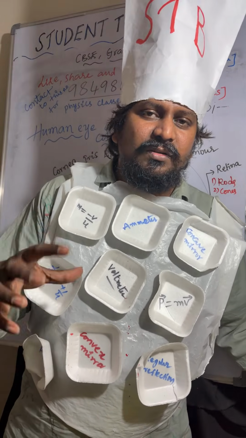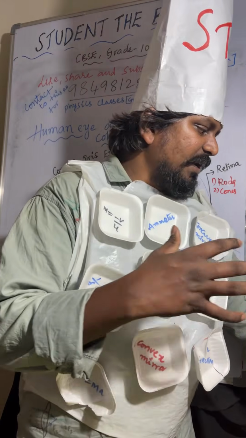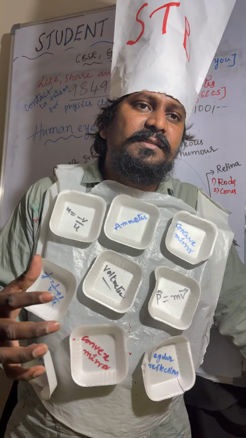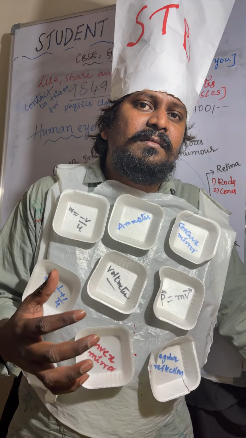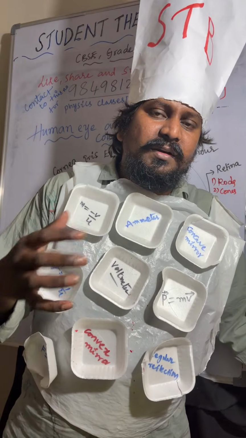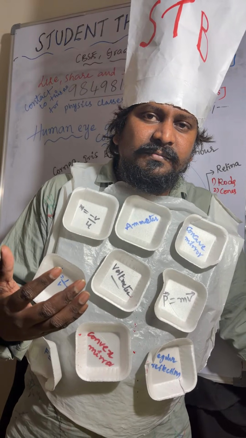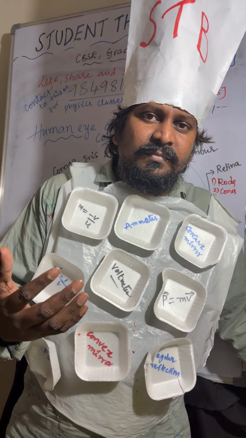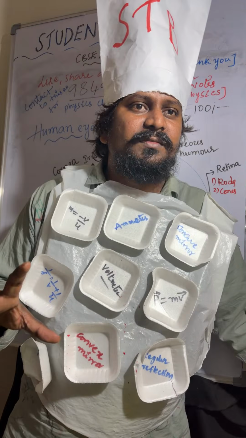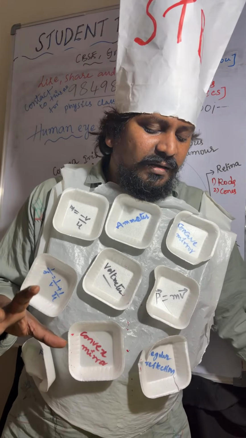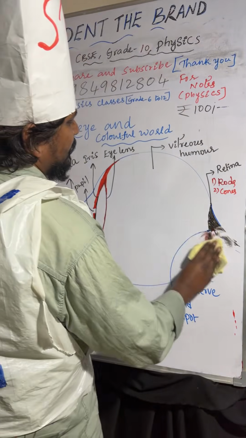So this is about human eye parts and function, near point, far point, the least distance of distinct vision, all those points we discussed. Now we'll discuss refractive defects.